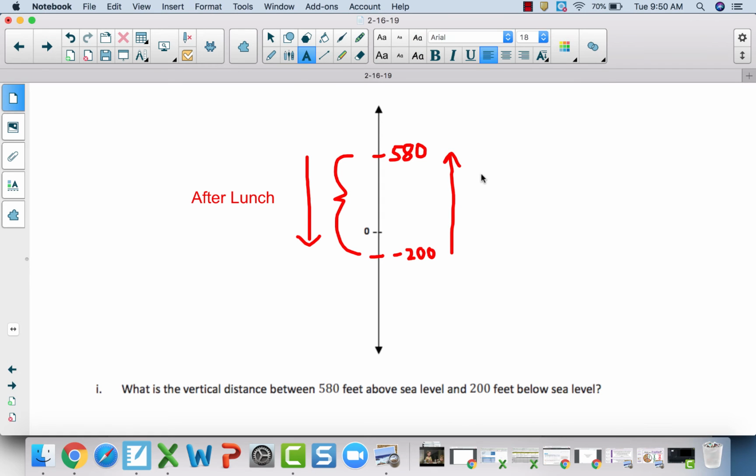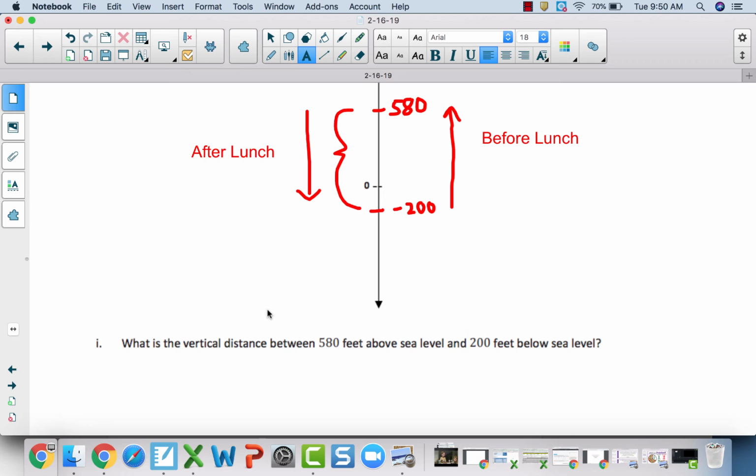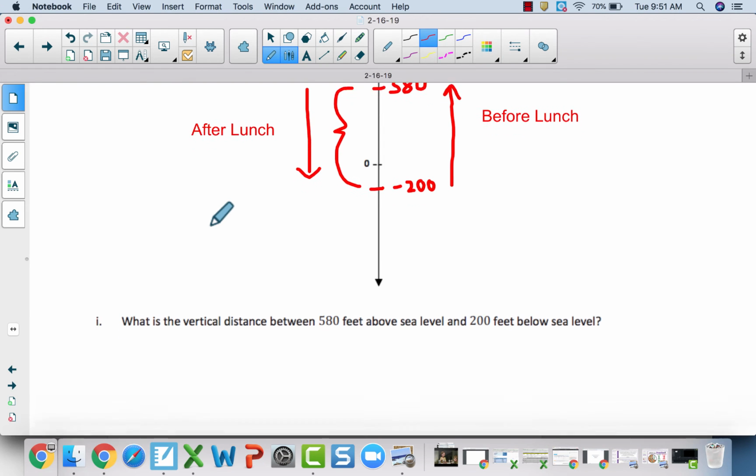So we are kind of going the opposite approach. So I can use the distance formula, but like I said, I know the answer is 780 because it takes 580 to get back to 0, and then it's another 200 feet. That's 780 total. But in order to meet the objective, we're going to practice using this distance formula so we become experts.